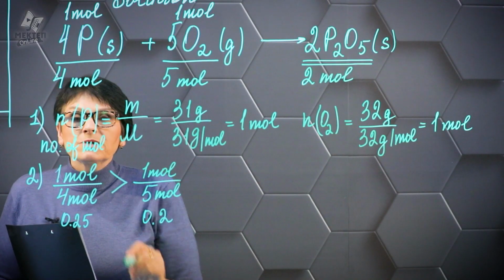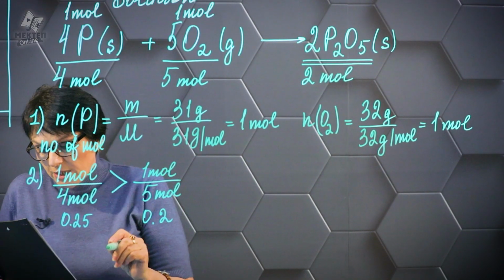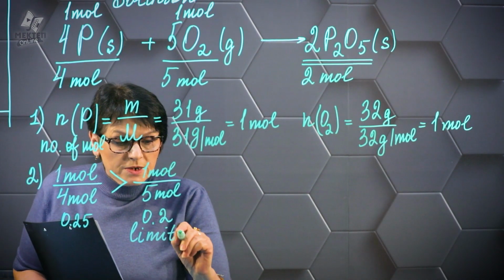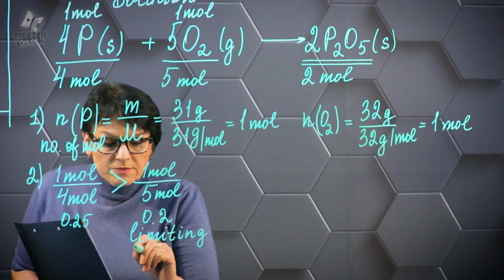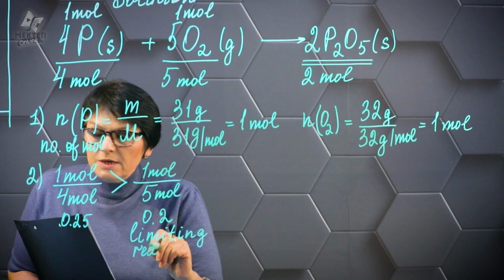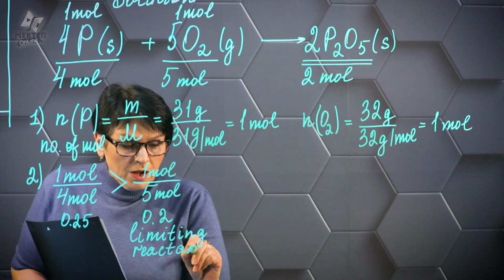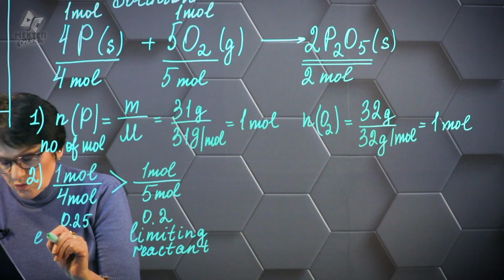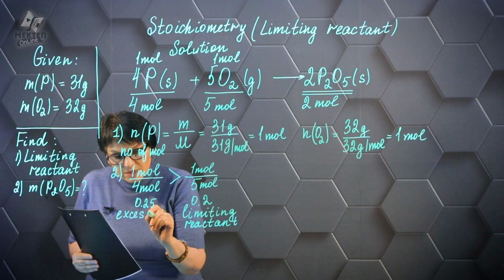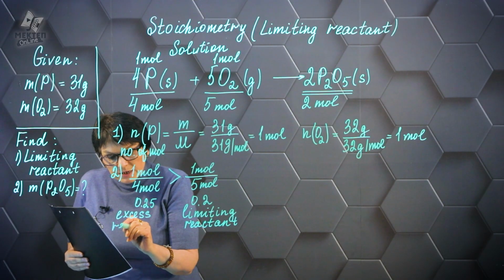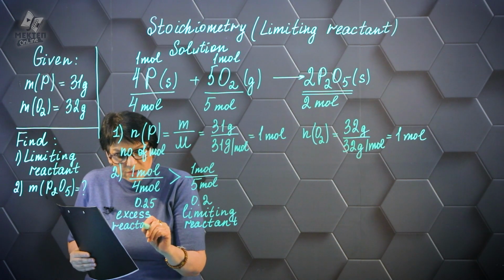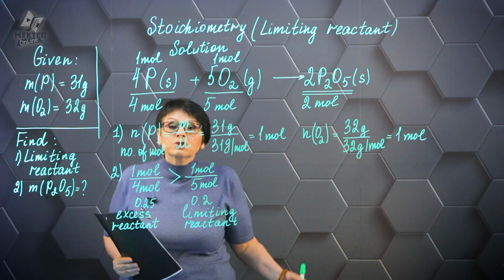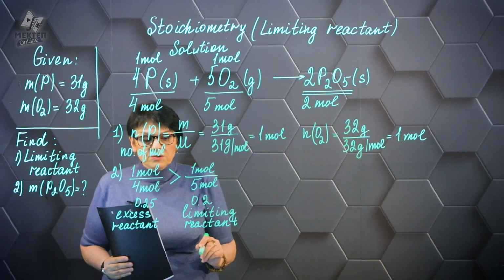Then we can put this sign, more or less, and say that our substance in shortage, or the substance in a limiting state, is oxygen, and the substance that's taken more than needed will be the substance in excess, which in this case is phosphorus. This substance is taken more than necessary, that is, it is taken in excess.